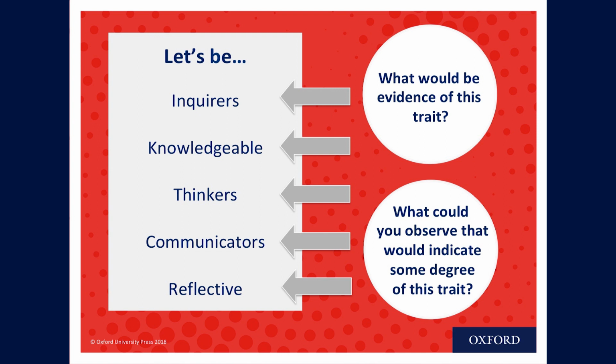What would be evidence? How would I know that as you sit here this morning, you are an inquirer? What would I see? What would I be able to observe you doing that would show me you are illustrating this trait? One of the most obvious is that you're asking questions. What else?